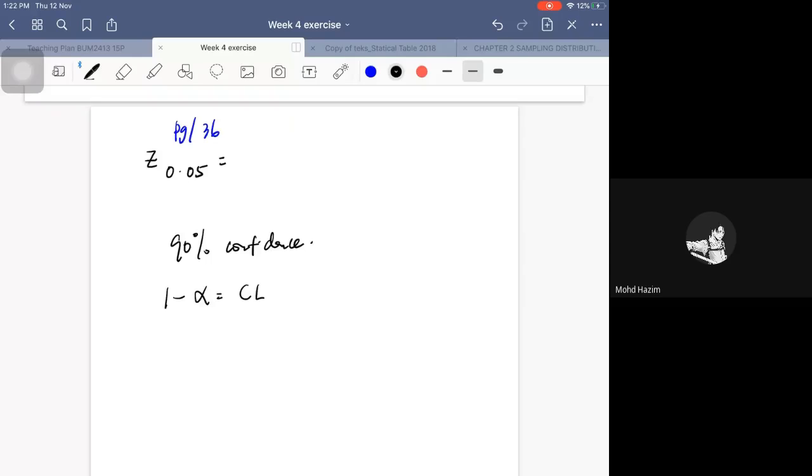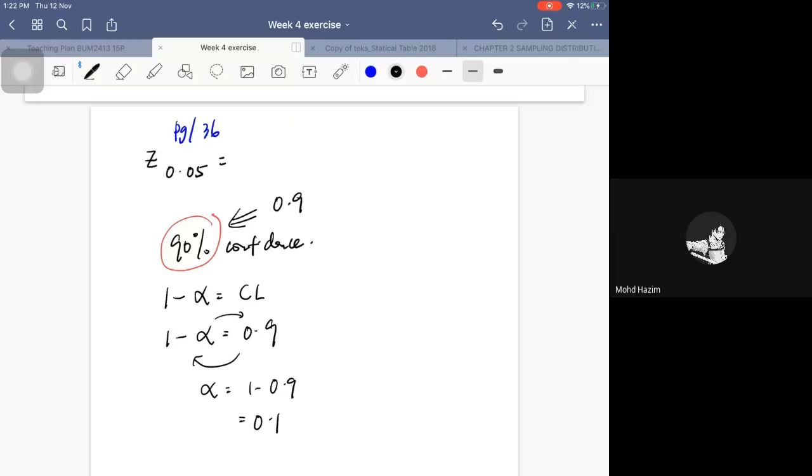So if our confidence level is 90%, we substitute 1 minus alpha equals 0.9. Because remember, in statistics, whatever is in percentage, you have to change it into a decimal, then only you can do the calculation. And 90% is actually 0.9. So when you rearrange this, bringing this to one side and this to the other side, I get alpha equals 1 minus 0.9, so it's going to be 0.1.